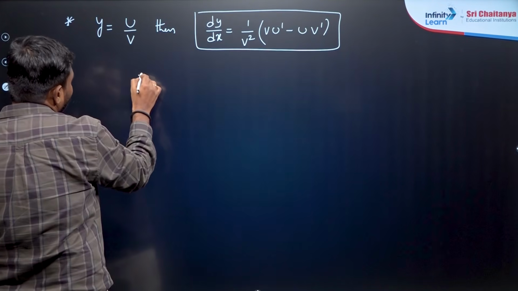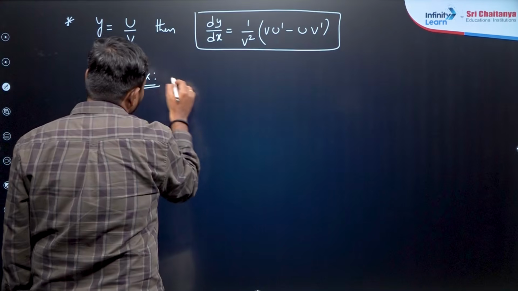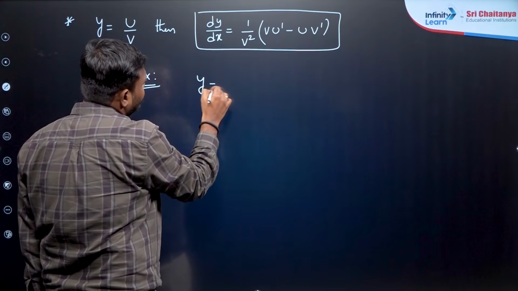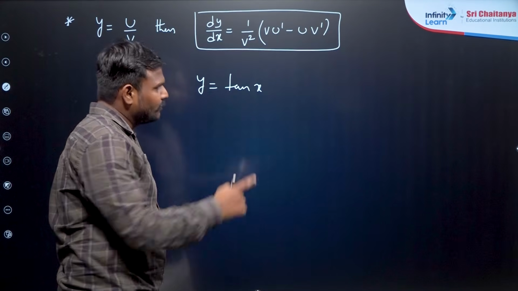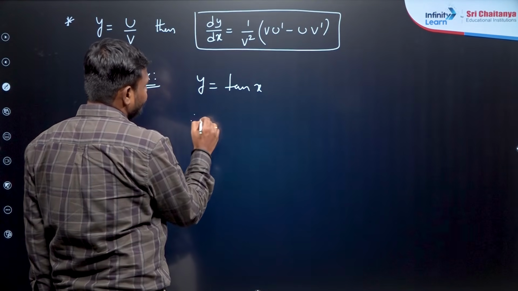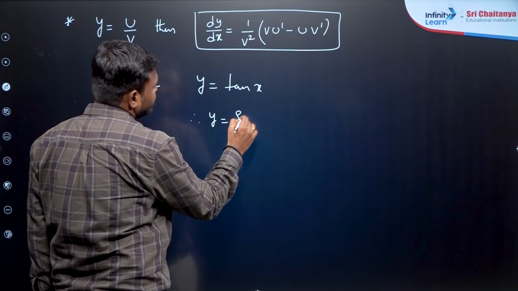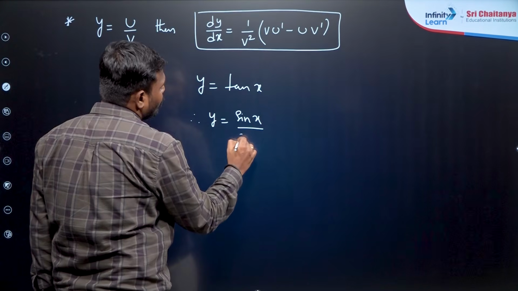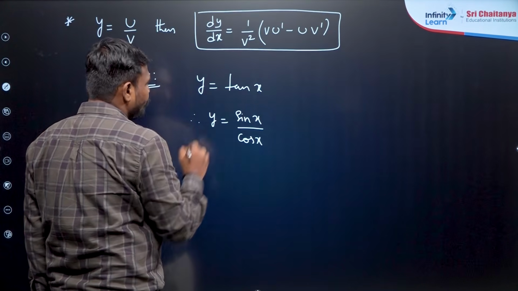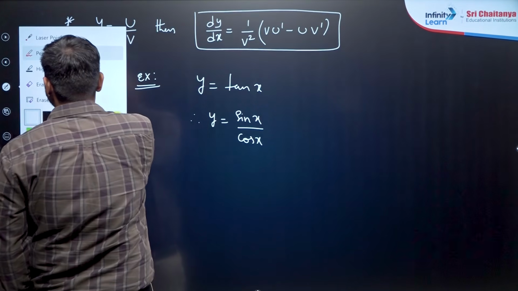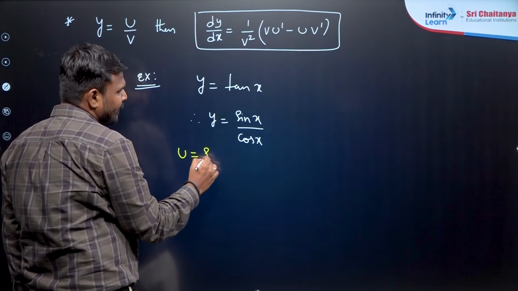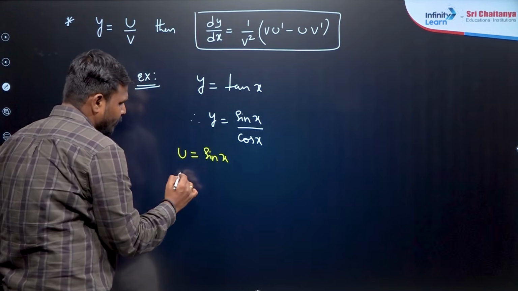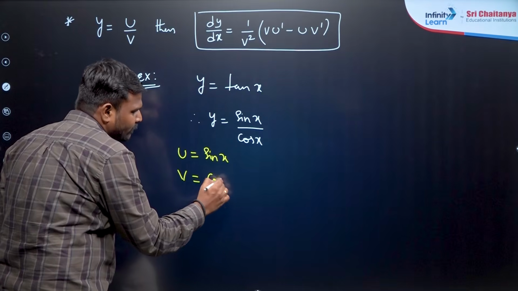One more example we will take. y is equal to, let us say, tan x. So tan x can be written as what? Sin x by cos x. So who is your numerator here? Your numerator is sin x, denominator is cos x.